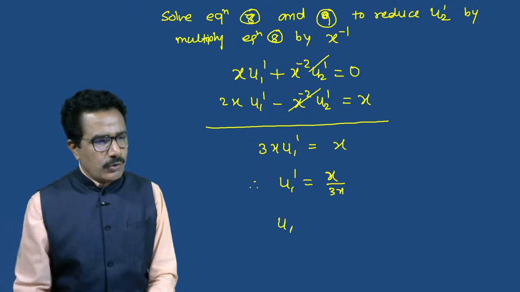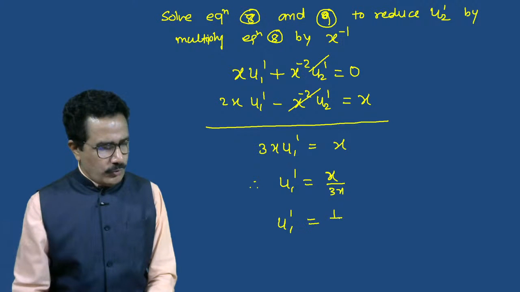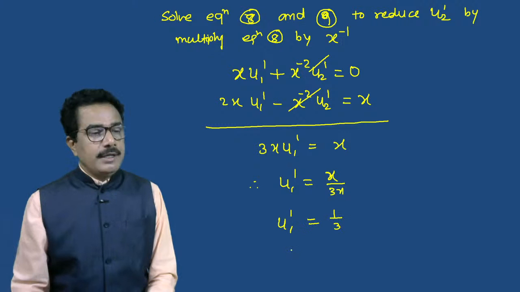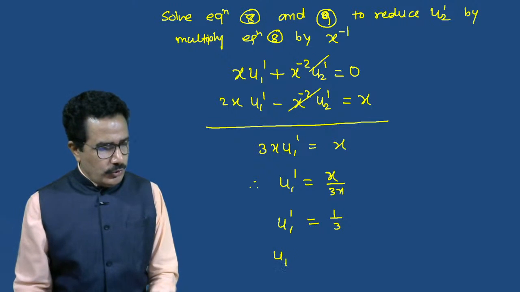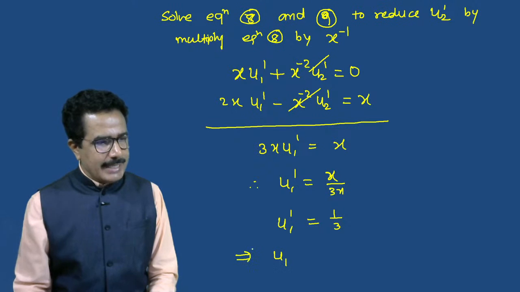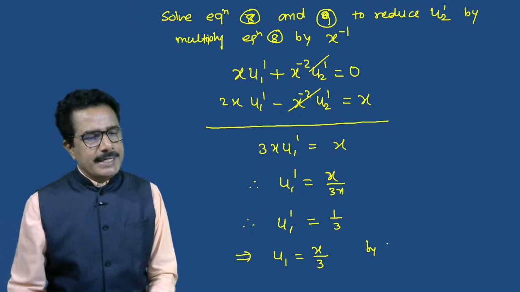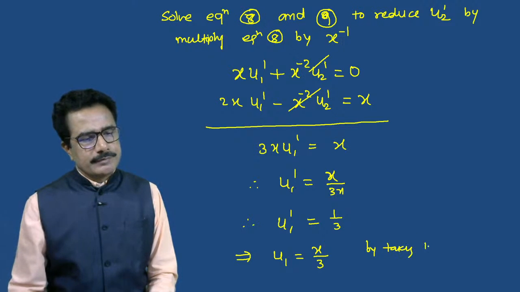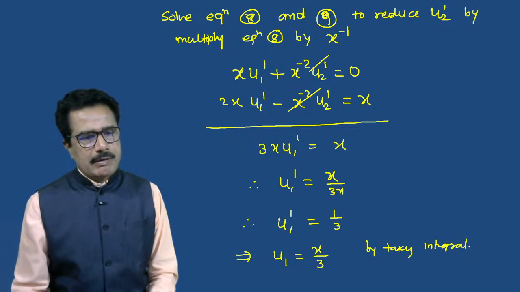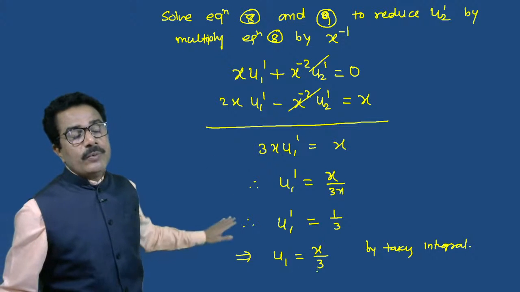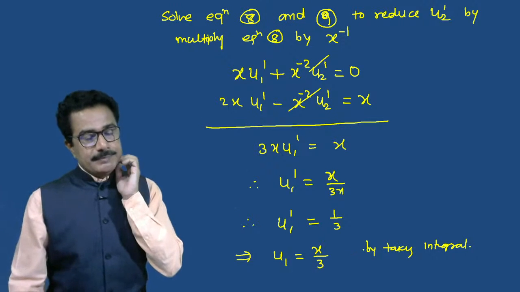So u1 dash is equals to 1 by 3. By taking integral, u1 is equals to x by 3.